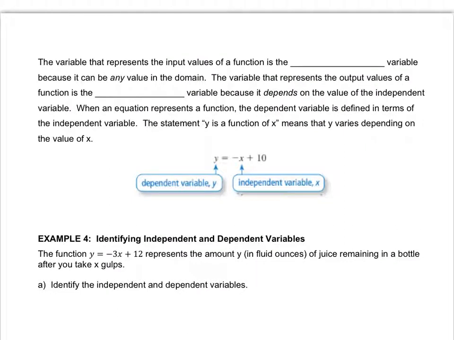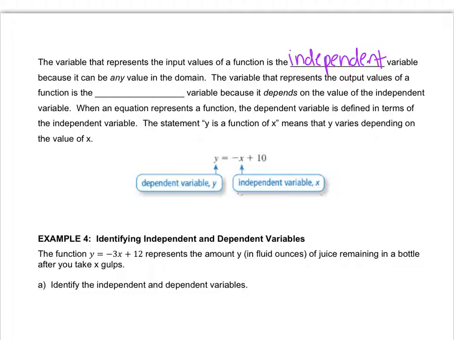Some more vocabulary for you are these things called independent and dependent variables. Now, you might have heard about these in science class. This is a little paragraph about the difference. The variable that represents the input values, which we know is the x values, which we also call the domain values, is the independent variable, because it can be any value in the domain. Think of the word independence.